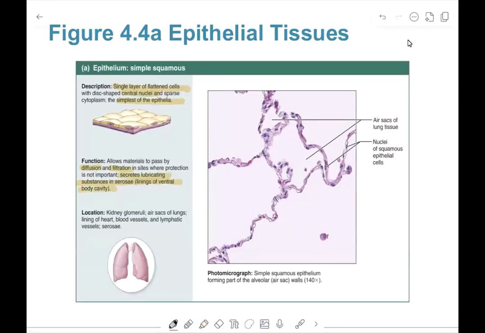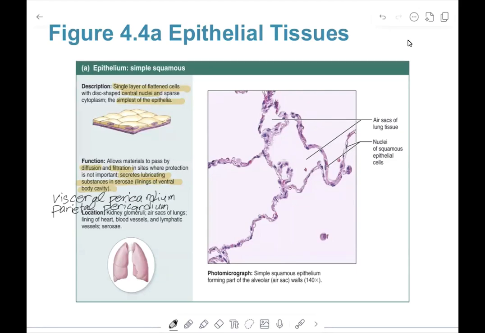For example, there were things like the visceral pericardium. That would be the layer that is directly touching the heart. And then there is a parietal pericardium. These would be two examples of serosa.